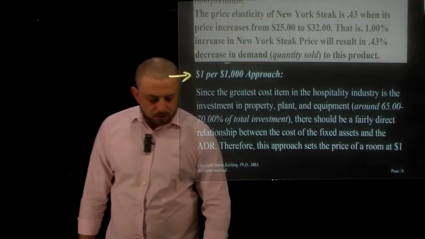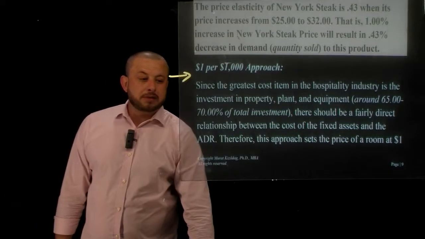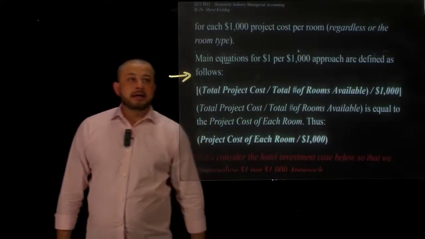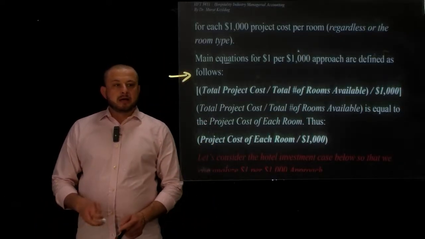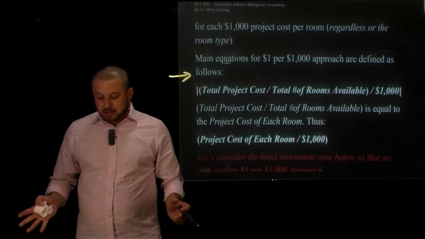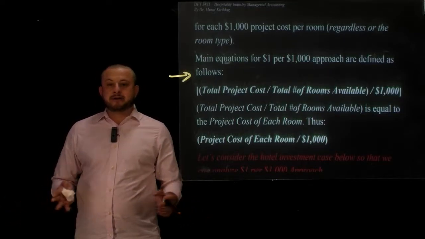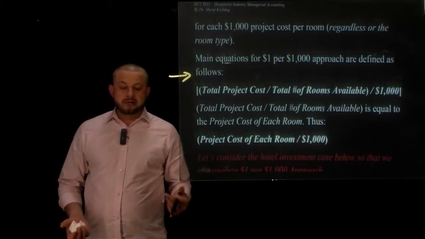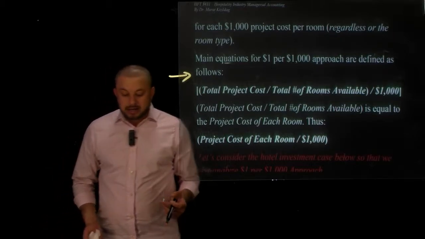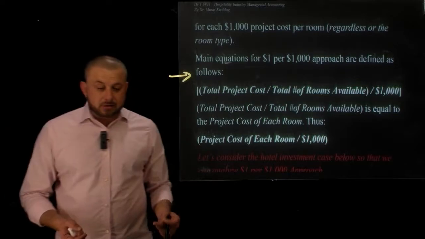Therefore, a simple approach, a dollar per thousand approach, serves that purpose. It is not complicated because it doesn't factor in any other factors, for example, interest rates, consumer traffic, customer demand, and so on and so forth.